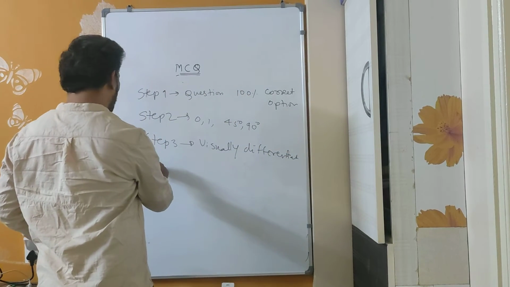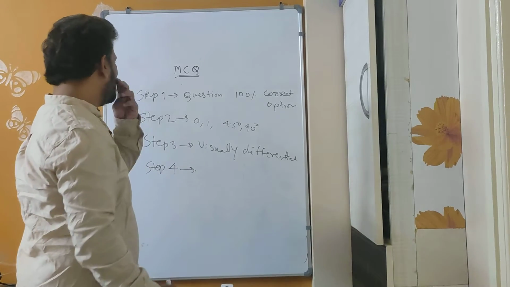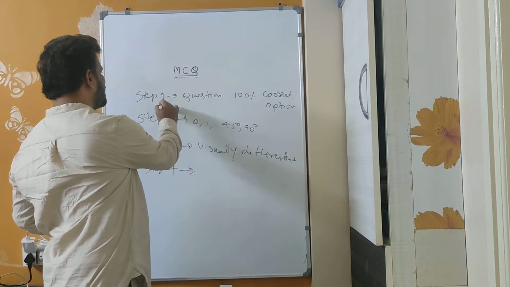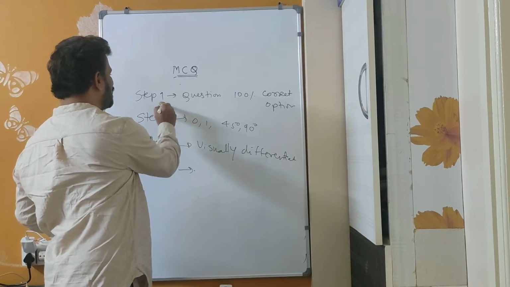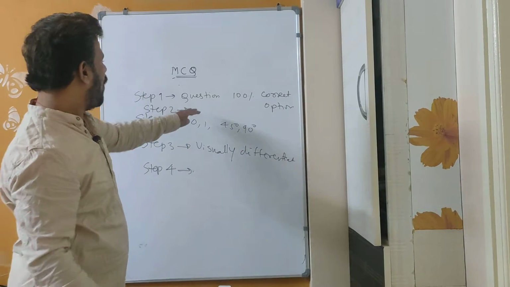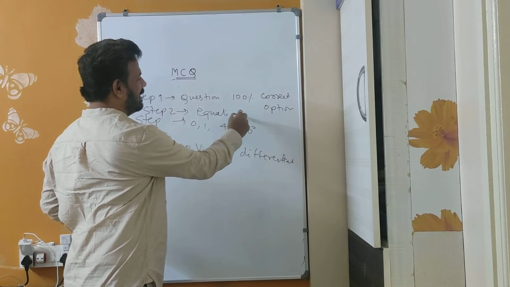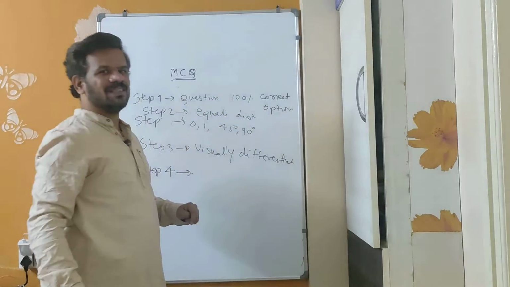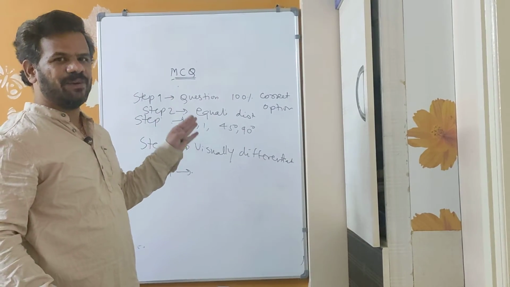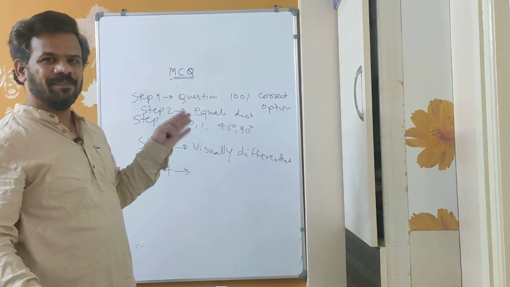Now step number 4. So here I missed one step. So step number 2 was actually here, which is that you should realize that all the options are equally distributed. What I mean is 25% is option 1, 25% is option 2, 25% is option 3, and the remaining is option 4.